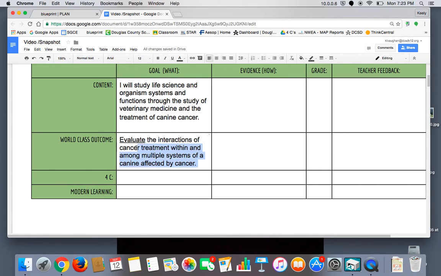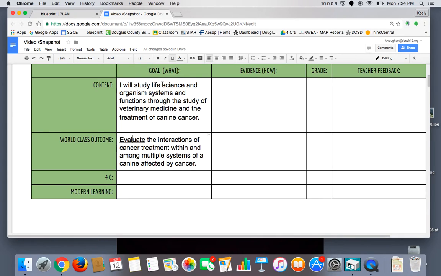But this gives me a higher level goal that is both connected to my world-class outcome that I pulled from the blueprint plan page, but also something that I'm interested in. So I've taken what I'm interested in and I've combined it with my world-class outcome, so that I know that I am working towards a higher level goal.